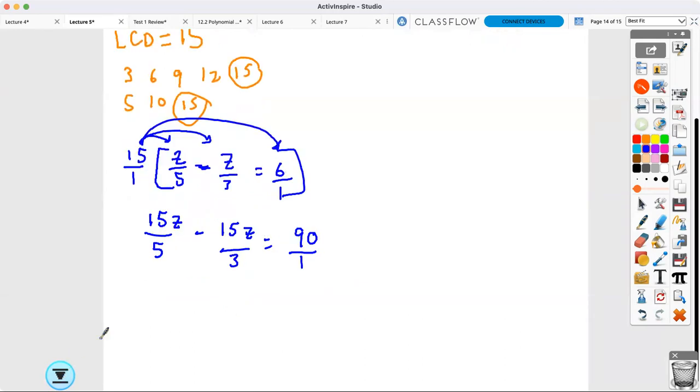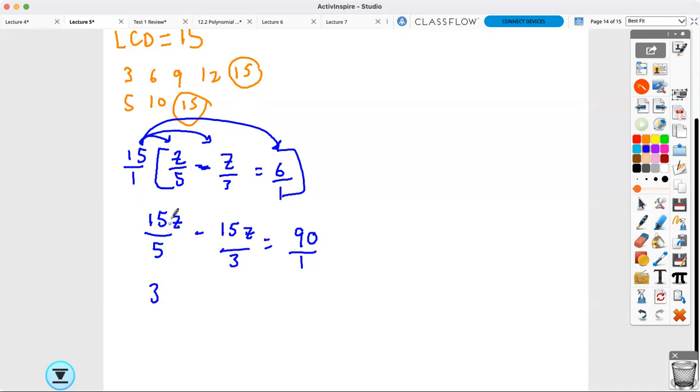Now we're going to take our calculator and divide each fraction to get rid of the fraction. Because remember, if we found the correct LCD and multiplied correctly, these fractions should simplify to beautiful numbers. 15 divided by 5, help me out. What was 15 divided by 5? 3.